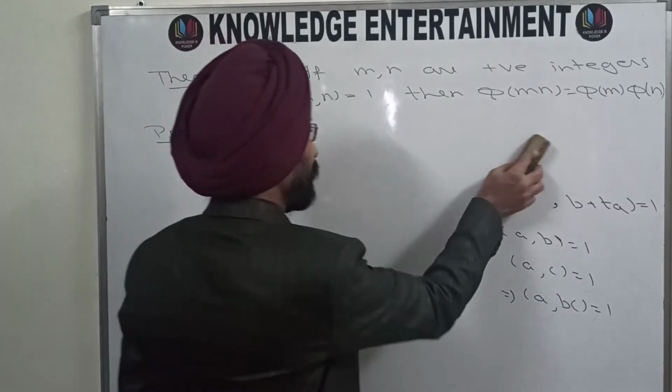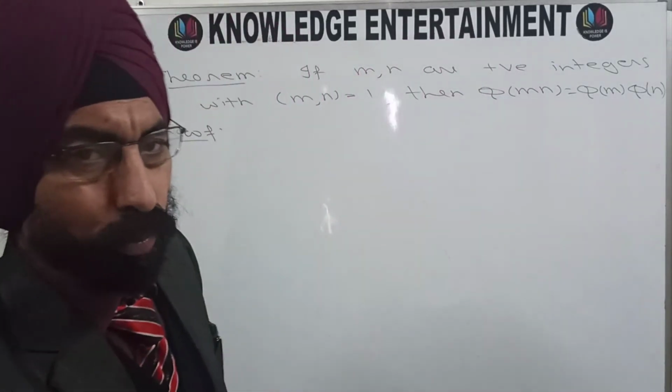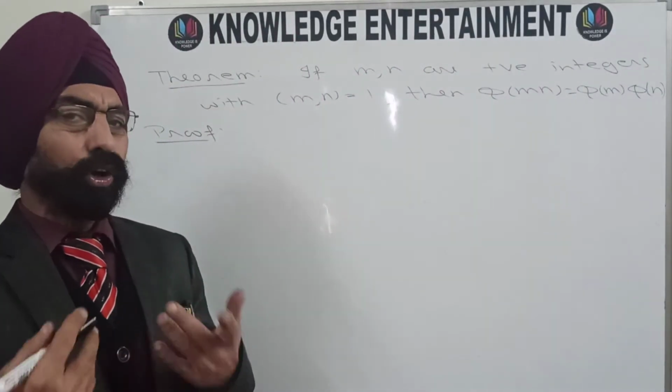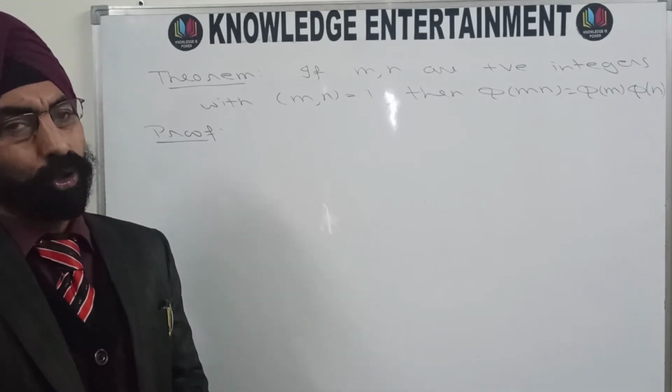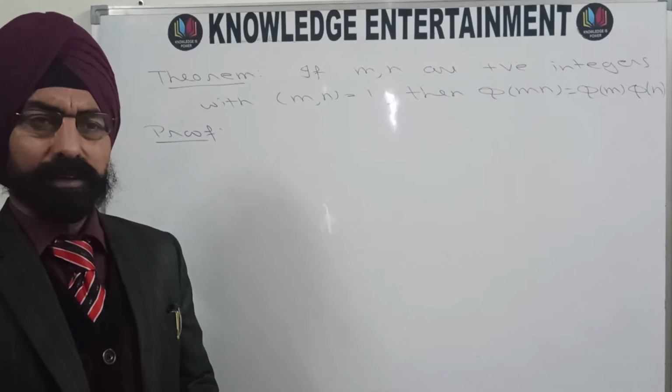Secondly, we are going to show that no two members of the set T are congruent to each other modulo mn. This I will prove by way of contradiction.